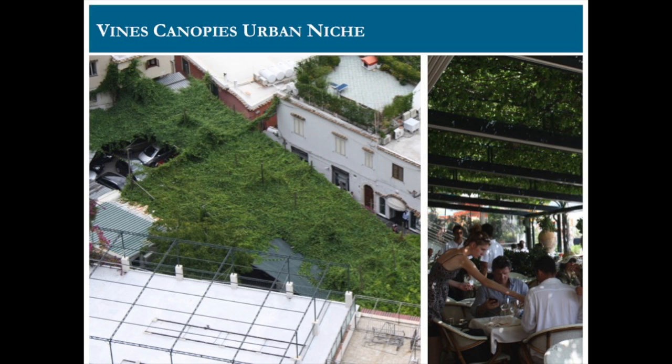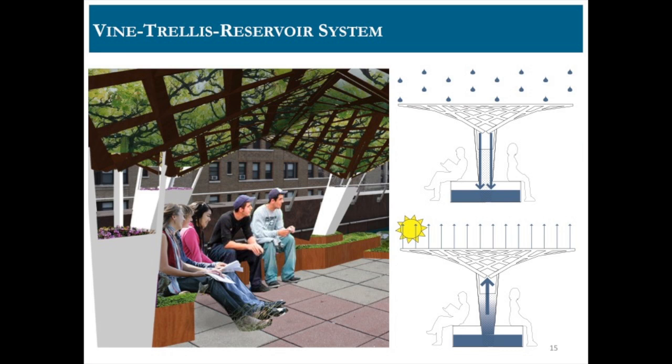So in that sense, you can leverage them for their other ecosystem services to make more beautiful places and more intimate connections with nature for residents. Here's one system I've developed, and it captures water, holds it in a reservoir, and then through capillary action it feeds the soil and the vines, and it is released during the daytime.